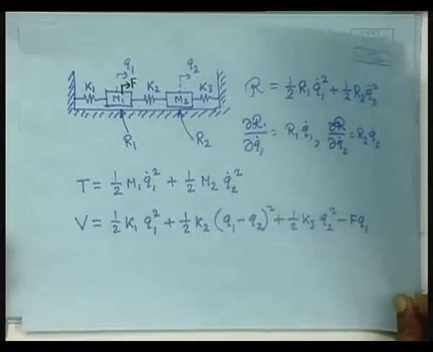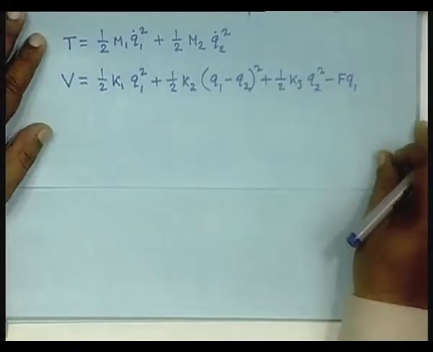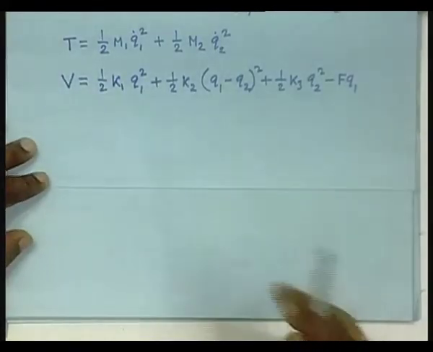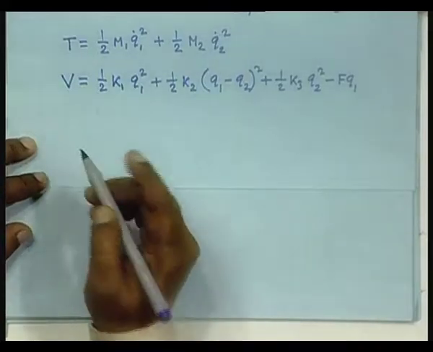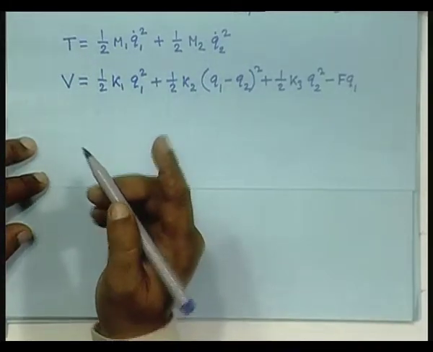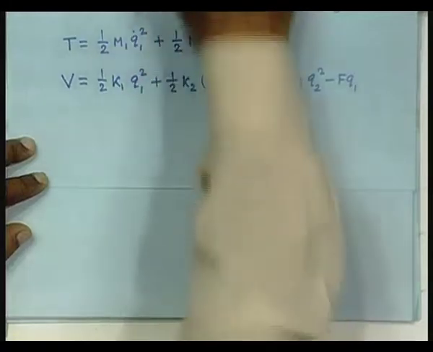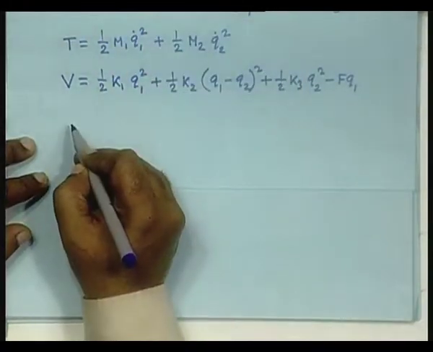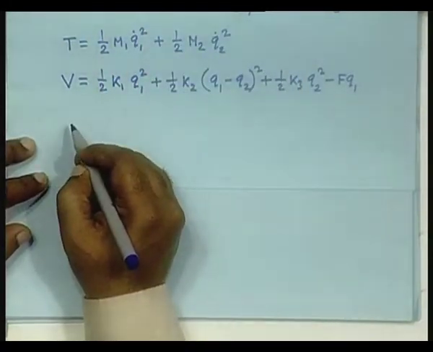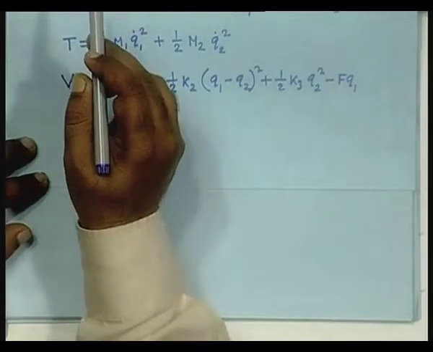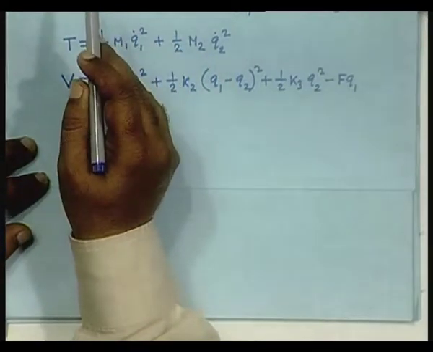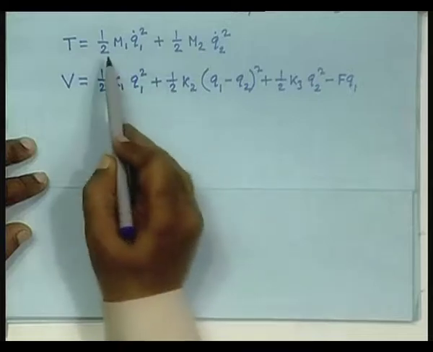So, is it visible? Yes. In the q1 direction, the Lagrangian differentiated with respect to q1 dot will be only this.